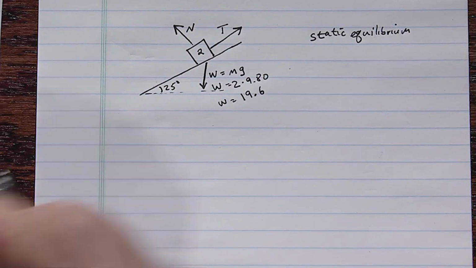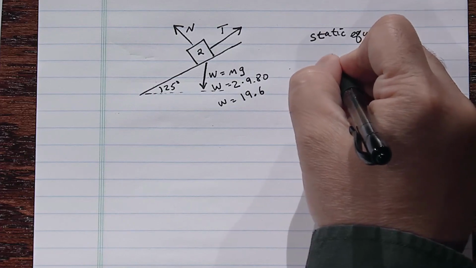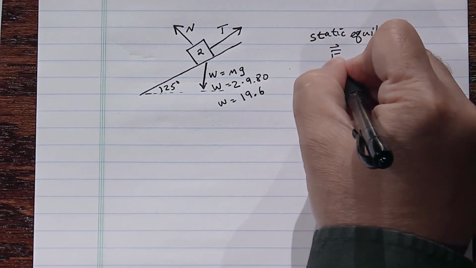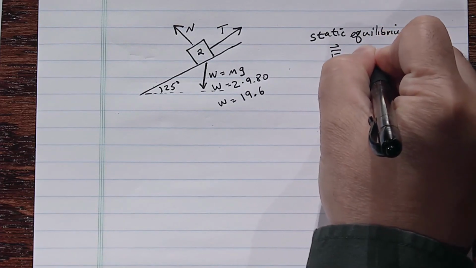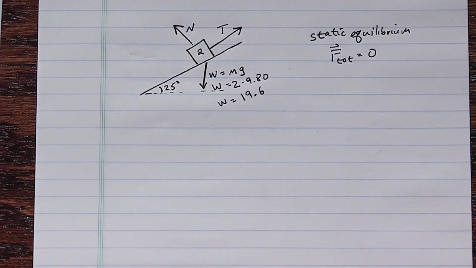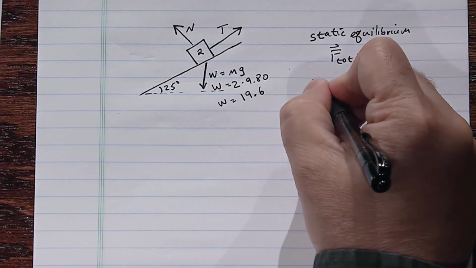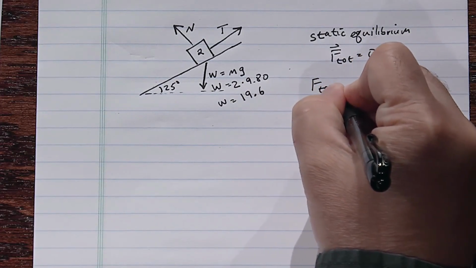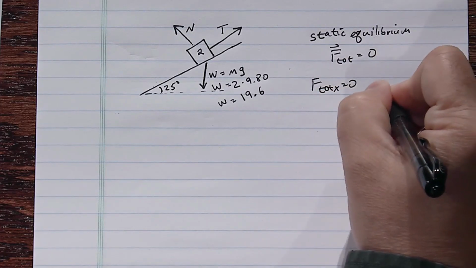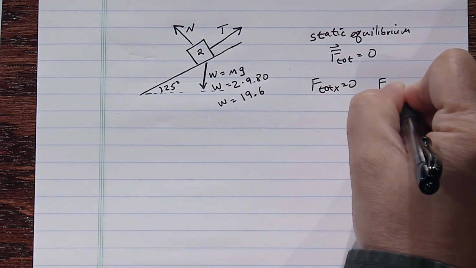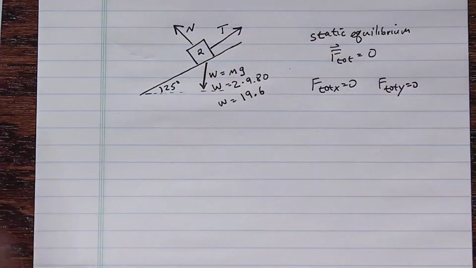When we have a static equilibrium situation, the total force vector is equal to 0. And the total force vector equal to 0 is two equations: force total x is equal to 0, and force total y is equal to 0. So we have two equations. We can solve for two unknowns.